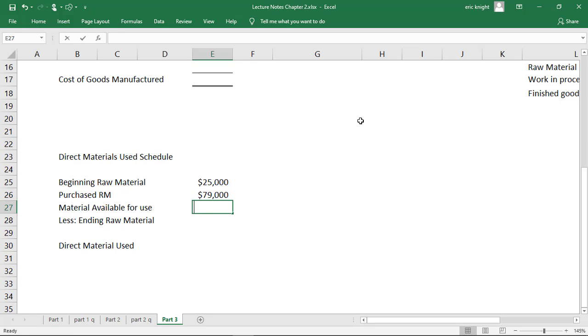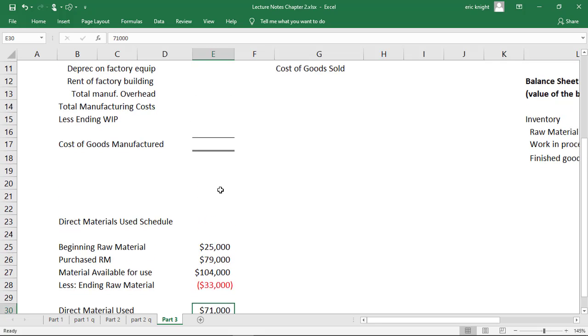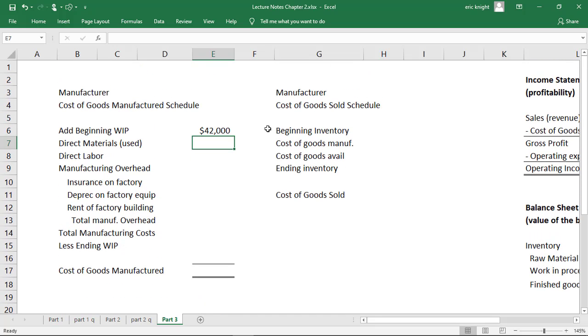That means we had $104,000 worth of material available. If you ever get those number signs, that means you need to stretch your column out. The ending raw material is 33,000. So that means our direct material used is 71,000. I know I'm going fast, but I think you can follow along or pause it. So then that number comes up and it's the direct material used. So 71,000. Now our direct labor, which is provided in the information, is 84,000.